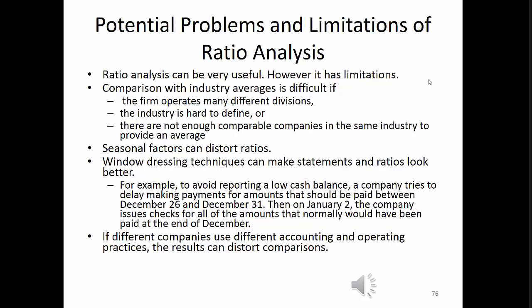This way, the cash balance would look better on the financial statements for December, or say for the end of this year. And that's a typical window dressing. Last point is, if different companies use different accounting and operating practices, the results can also distort the comparisons.